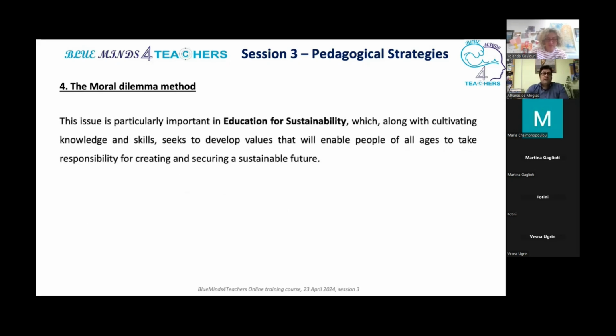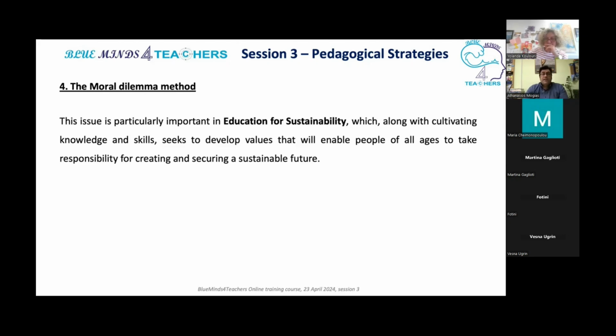As you can understand, when we are talking about environmental education, or if we want to be much more modern in our terms, education for sustainability, this kind of method, which has to do with values, is a very important tool.